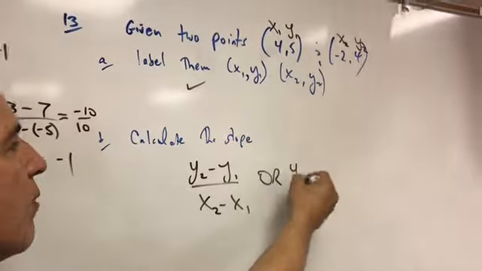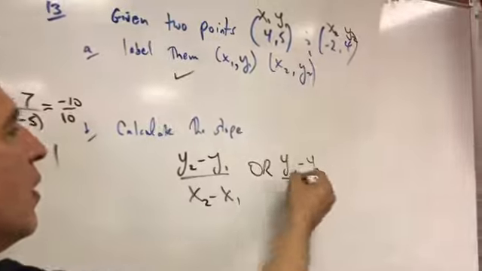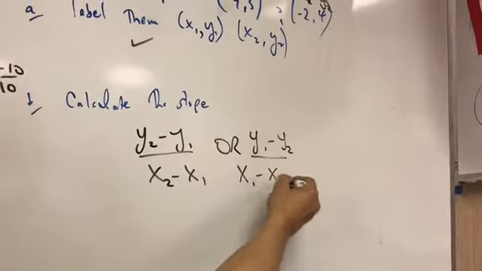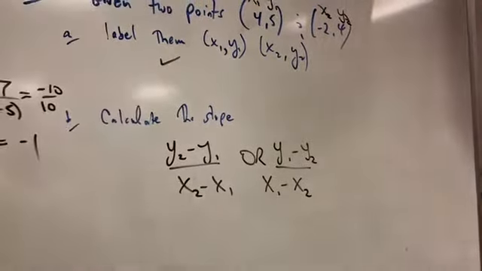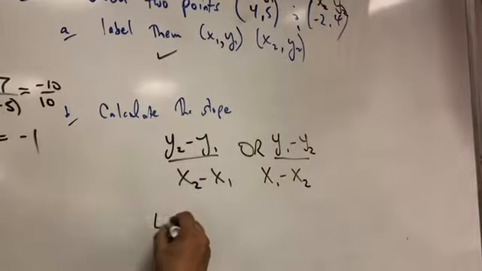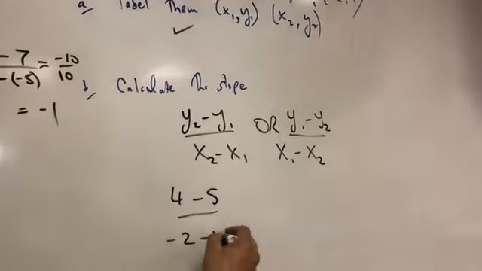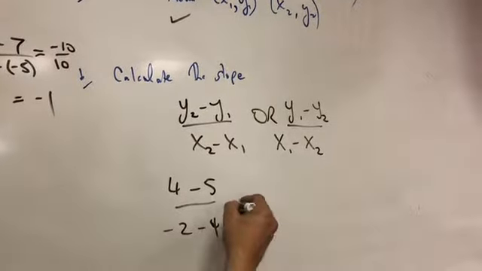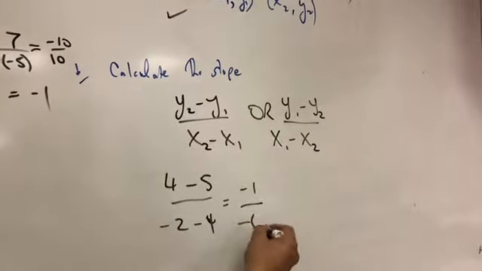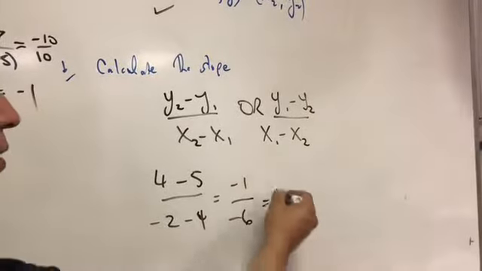You can go y1 minus y2 over x1 minus x2. We're going to do both ways just to make sure it works. y2 minus y1 is 4 minus 5 over x2 minus x1, -2 minus 4. That's equal to -1 over -6, which is equal to 1/6.